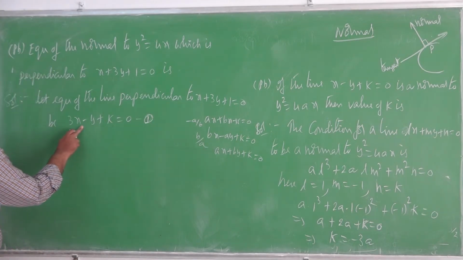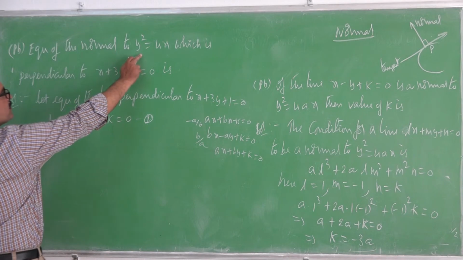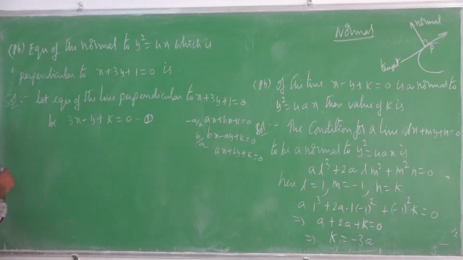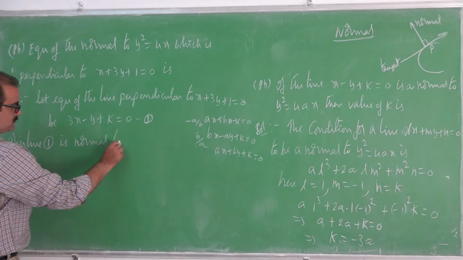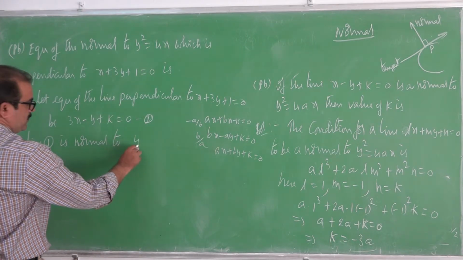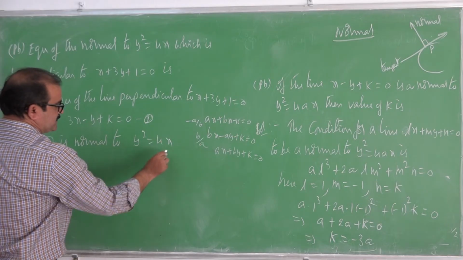Now this line is normal to the parabola y square is equal to 4x.